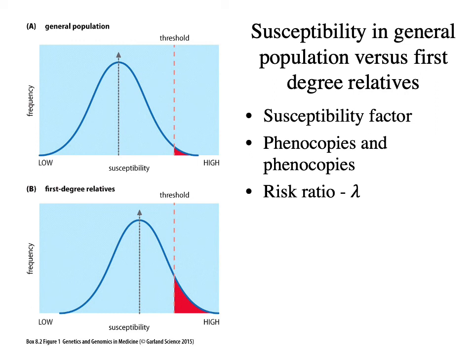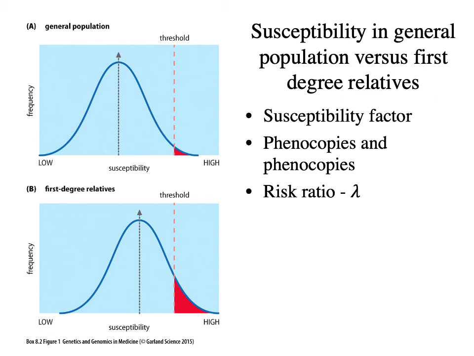This slide depicts a graphical representation of the distribution of a particular trait within the population, and again within first-degree relatives. And you can notice that there's a greater proportion or probability of individuals to have that trait if they are first-degree relatives relative to the general population.